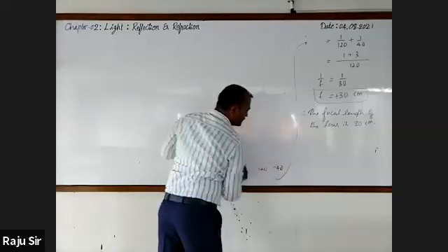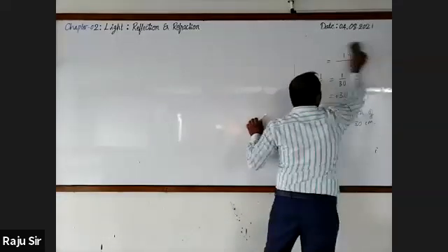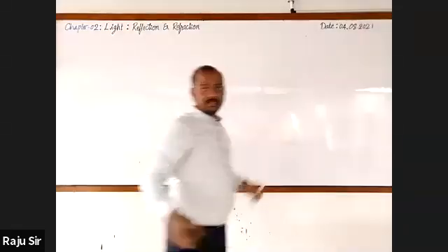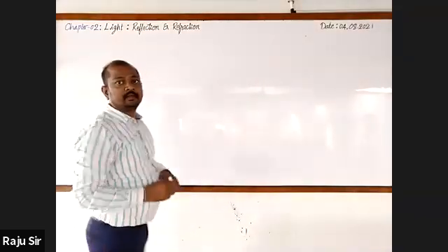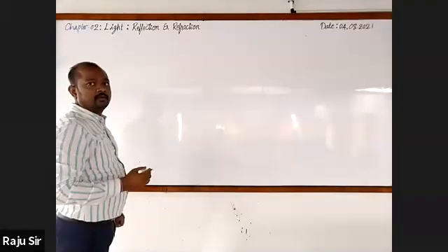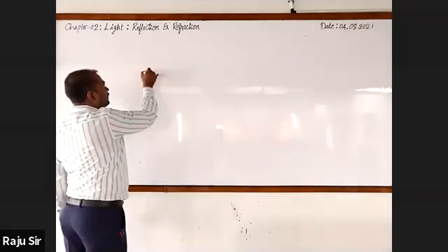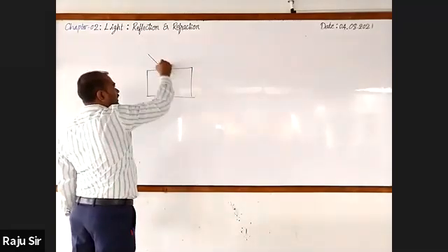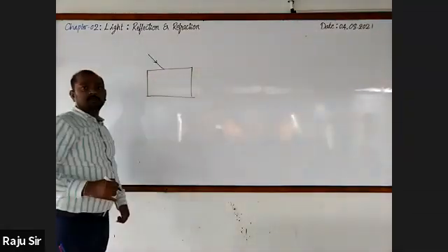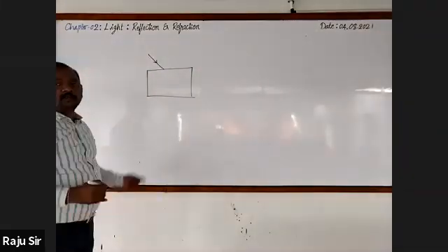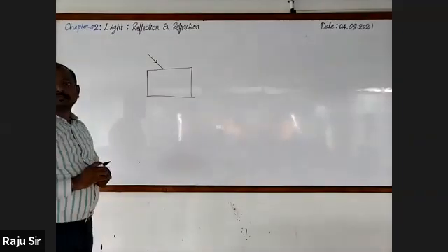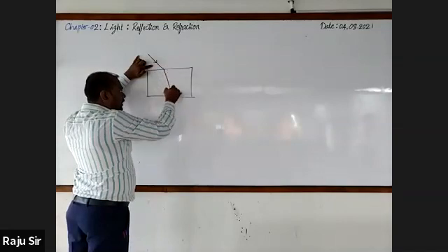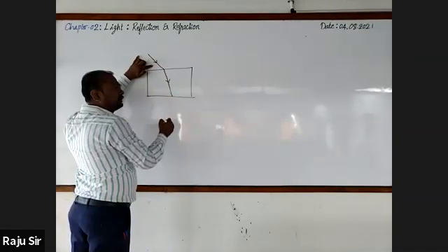We have already discussed the refraction of light through a rectangular glass. If it is a rectangular glass and the light ray is incident obliquely like this, does it undergo refraction? Yes, sir. What does this ray indicate?